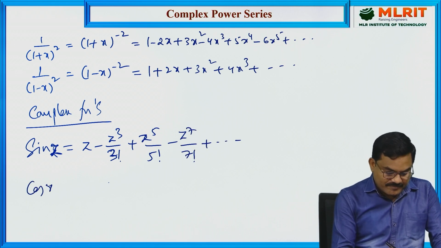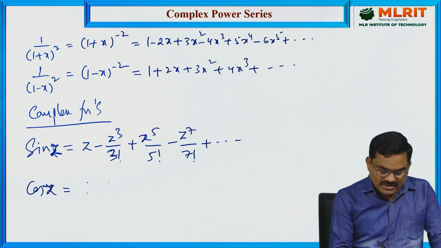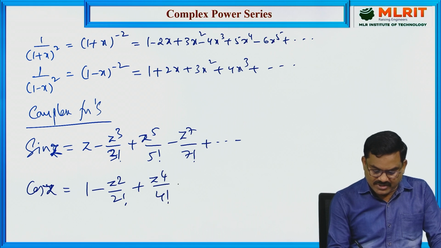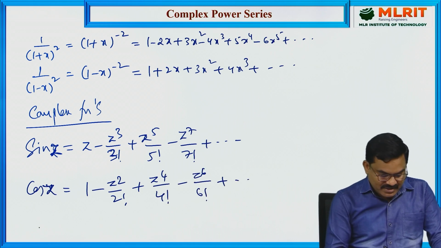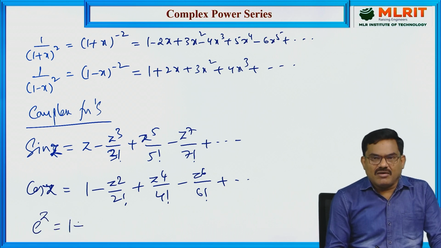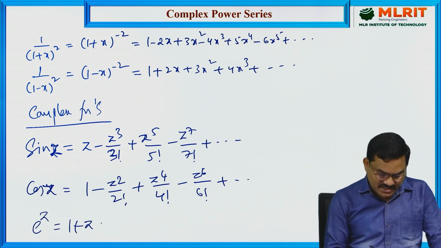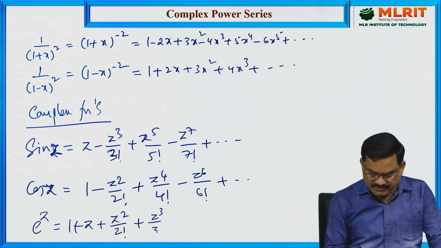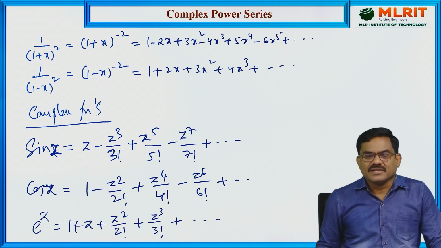Cos z starts with 1 minus z square by 2 factorial plus z power 4 by 4 factorial minus z power 6 by 6 factorial and so on. E power z, all powers of z exist. 1 plus z plus z square by 2 factorial, z cube by 3 factorial and so on.